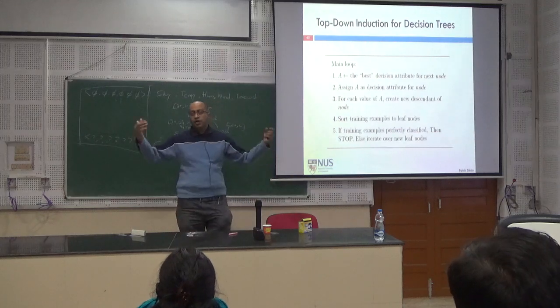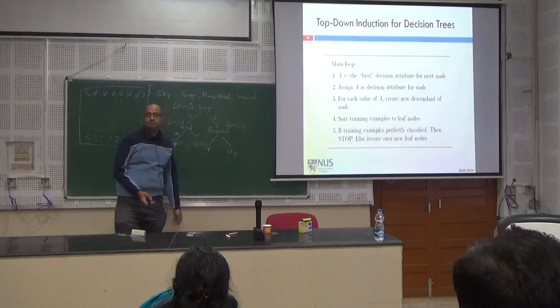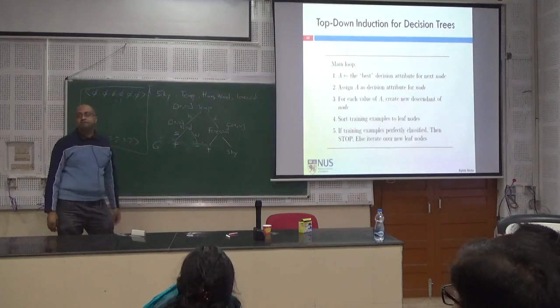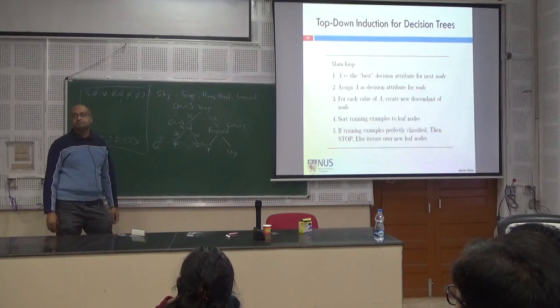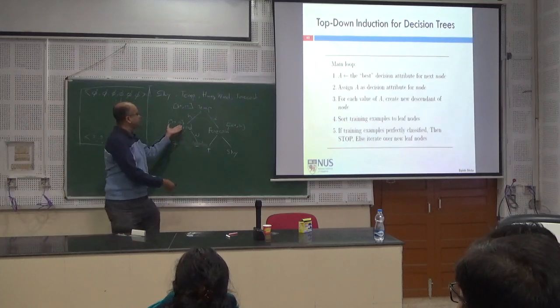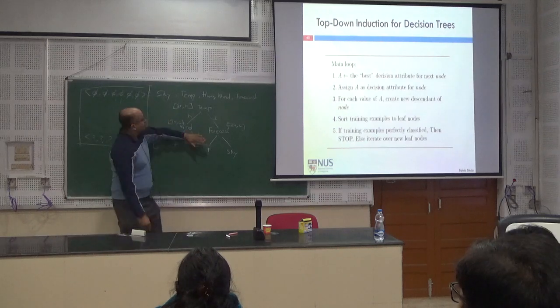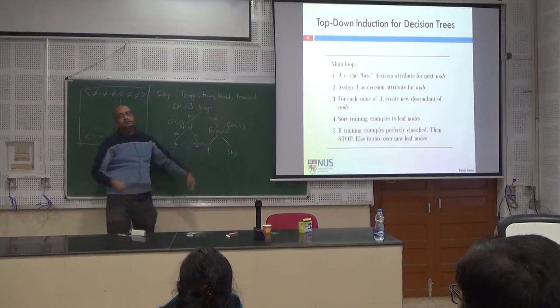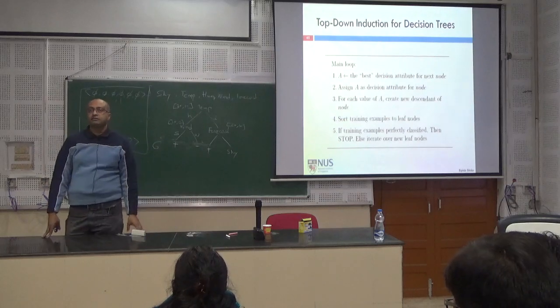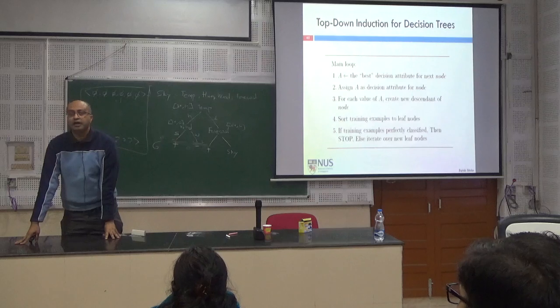And then you check, there's a stopping condition. If you see that all your samples have been perfectly classified, you stop, you have your tree. Right? If not, you find the same thing for these nodes. In the best case, maybe just by looking at the temperature, you can classify everything. Maybe the temperature decides, and other things don't matter.